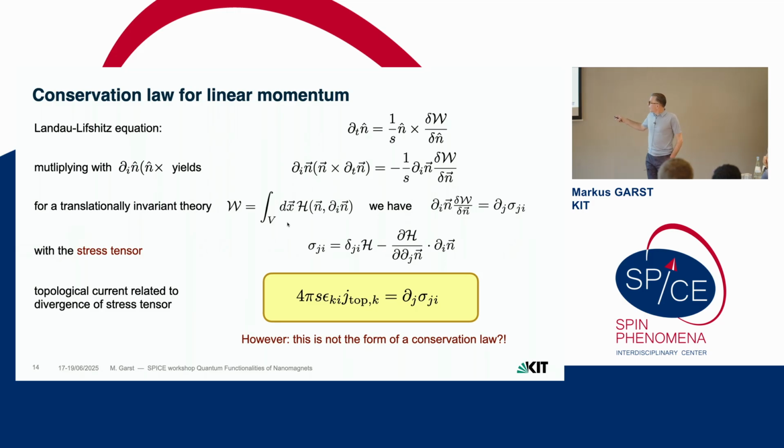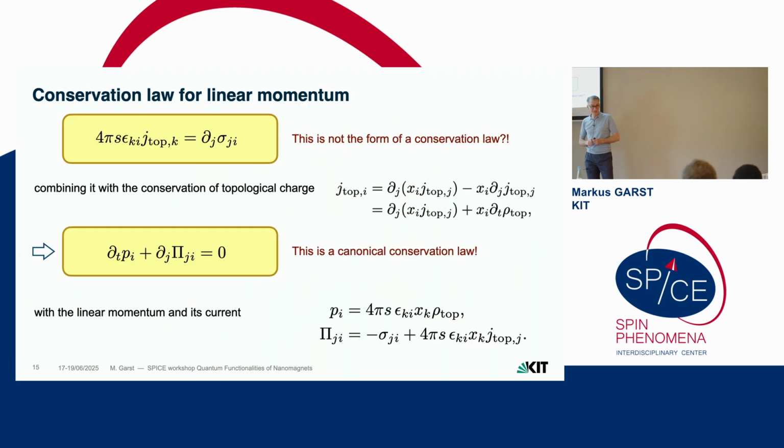Okay. However, this is not in the form of a conservation law, right? We want to discuss the conservation law, so this means we expect a continuity equation. This is not the form of a continuity equation. So the question is what to do with that. And this is also why there has been a lot of discussion about the notion of linear momentum, because this is not a continuity equation.